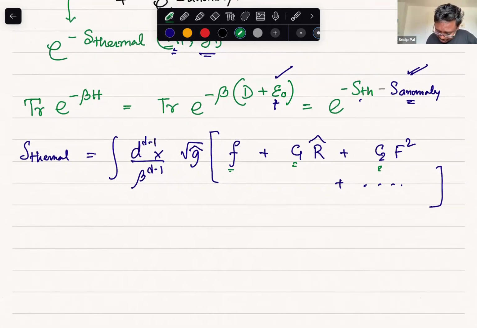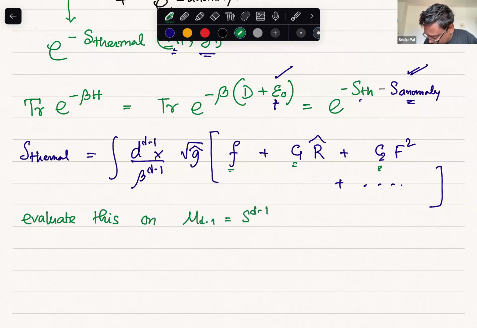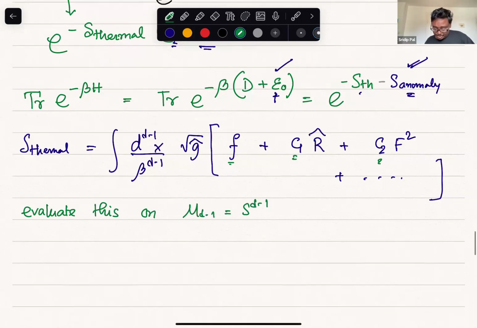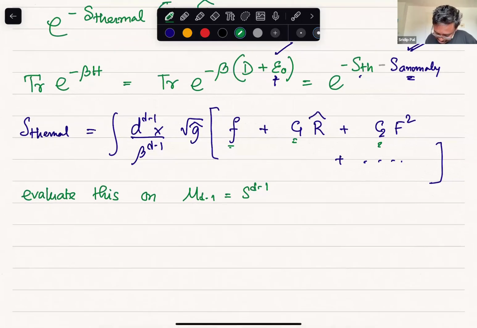So in particular, you can evaluate this when M_{d-1} is S^{d-1}, and then you will get some expression.